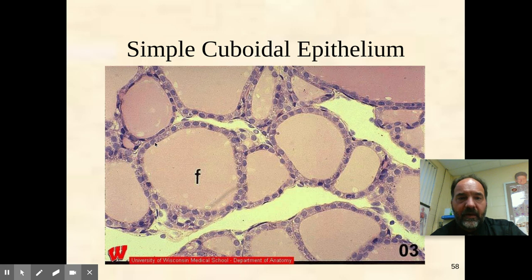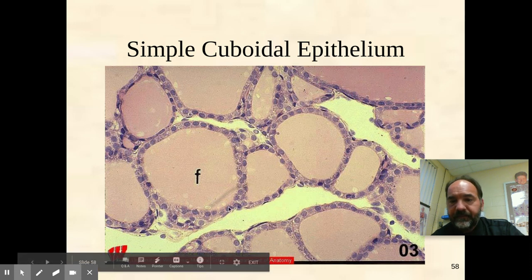Notice that you have these cube-shaped cells with nice round nuclei. This is simple cuboidal epithelium, as they would appear in a gland. Lumen in the middle, row of cells anchored to one another by a basement membrane just outside the rim.